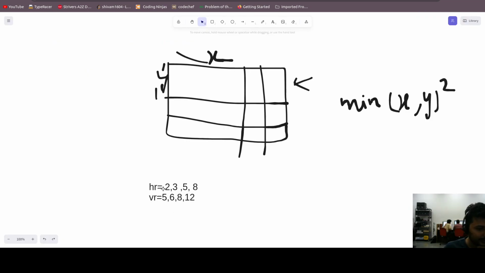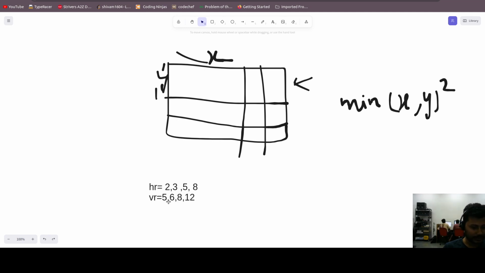Suppose the horizontal indexes that you can remove are 2, 3, 5 and 6. So the maximum consecutive run is 2 and 3, so its length is 2. So the maximum horizontal length that you can generate is this length 2 plus 1, which is equal to 3. And similarly here, we can remove the 5th line and 6th line, but you can't remove the 7th line. So the area generated by removing 5th and 6th is restricted by 7.